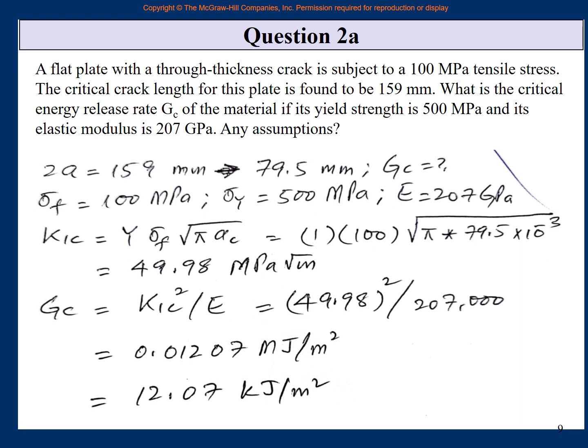What is the critical energy release rate GC of the material if its yield strength is 500 megapascal and its elastic modulus is 207 gigapascal? Any assumptions? So once again, I would encourage you to stop here, pause it, solve it yourself, and then go ahead with the solution if you like.